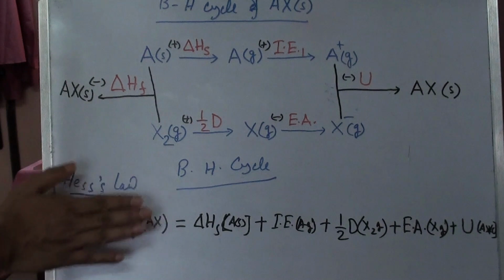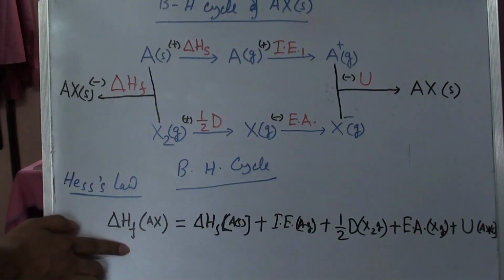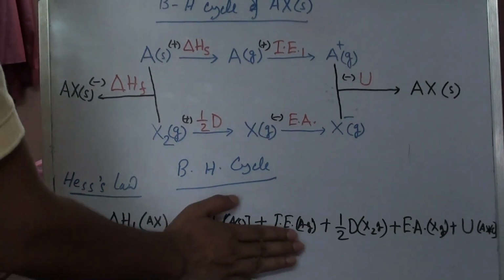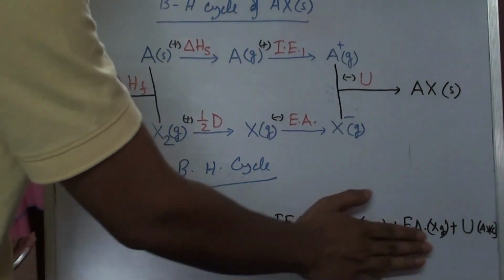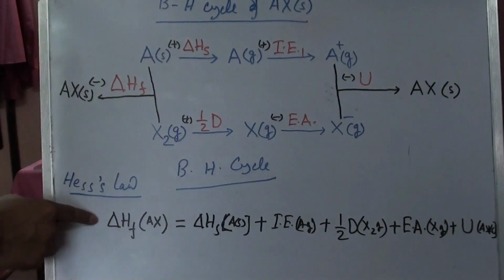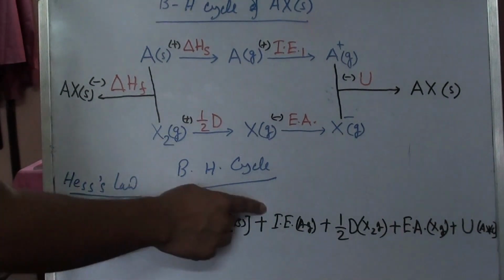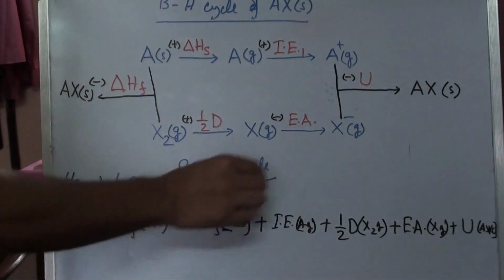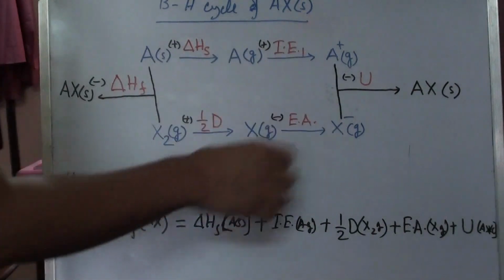We just apply this equation like this: delta H formation is equal to delta H sublimation plus ionization energy plus dissociation energy plus electron affinity plus lattice energy. We never put whether it is negative or positive.